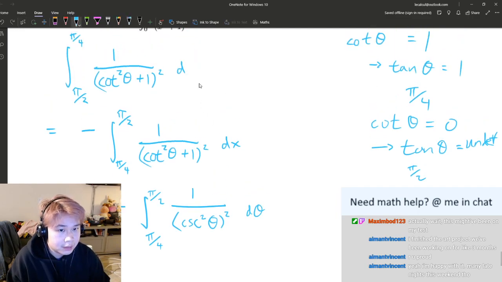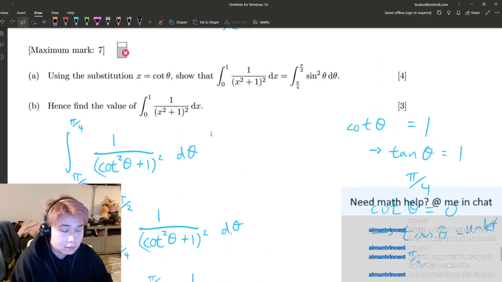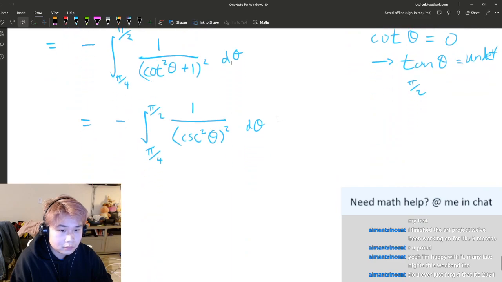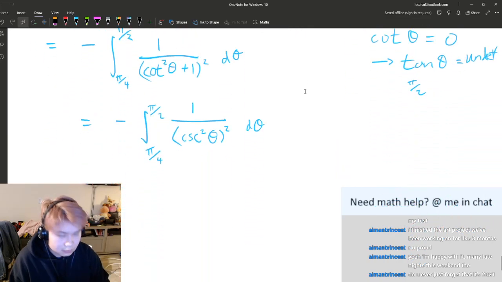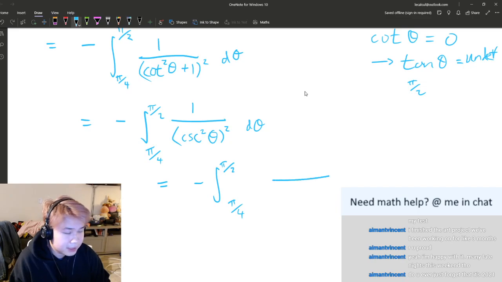Should change these to d thetas. So cosecant's nice because that's the reciprocal of sine, right? So then I'm taking the reciprocal of the reciprocal.